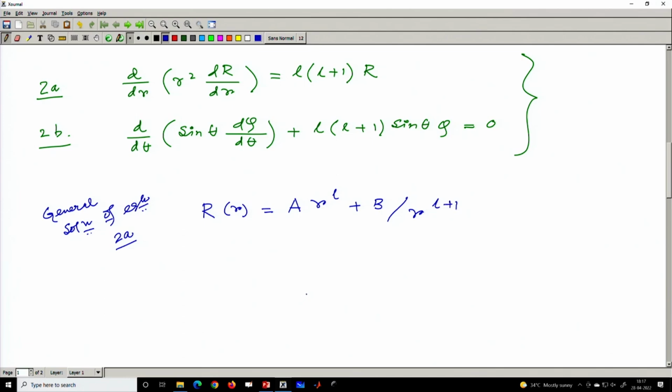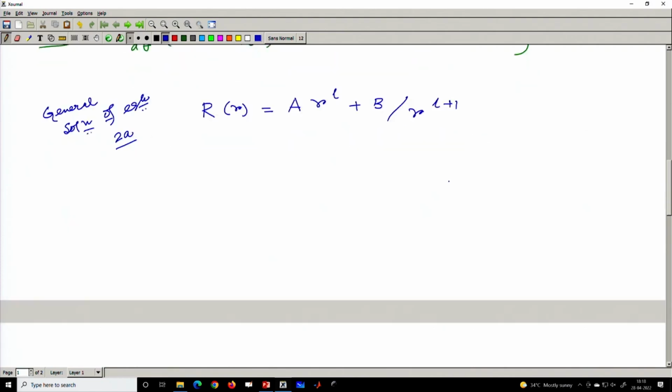One can check it quickly by putting this solution R into equation 2a and checking whether the left hand side and right hand side match. It has to match because this is a solution.